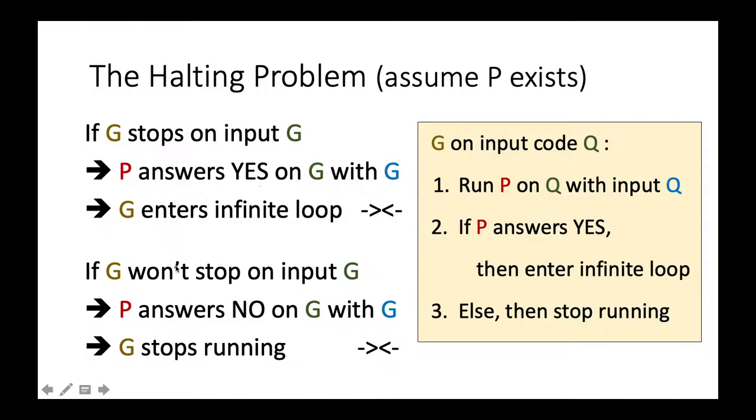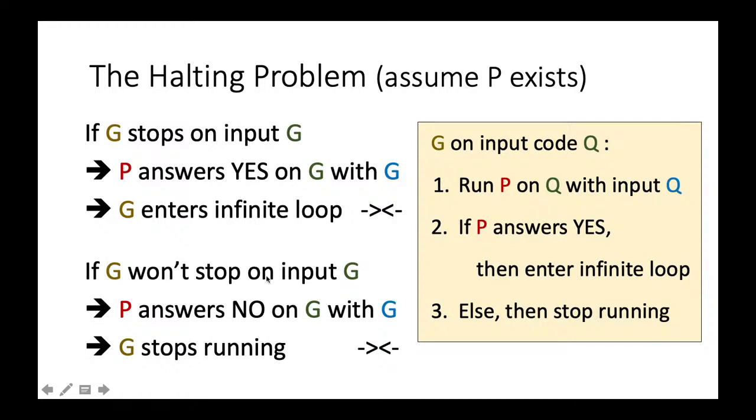Similarly, what happens if G won't stop on input G? Because P can check this in a finite number of steps, after a finite number of steps, P will answer no. And in that case, we will enter this line, and then G will stop running after that.